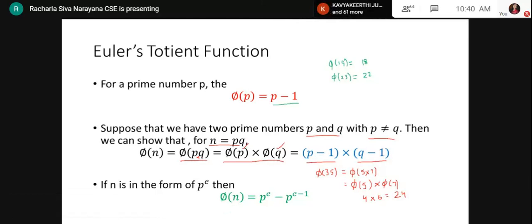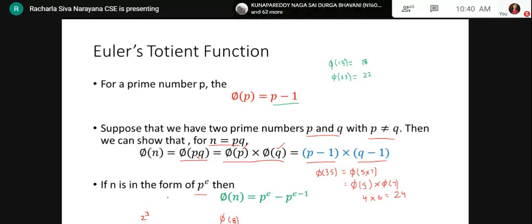Another shortcut is, if n is of the form p power e, then phi of n is equal to p power e minus p power e minus 1. For example, phi of 8. We can write 8 in the form of 2 power 3.